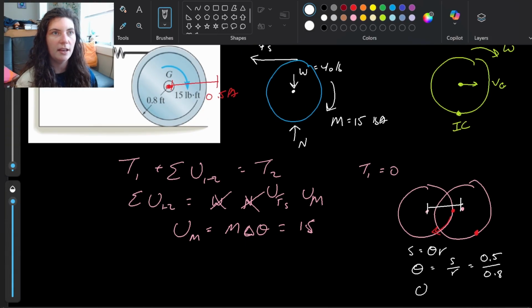And so we can find the angle that it rotates through is 0.625 radians.